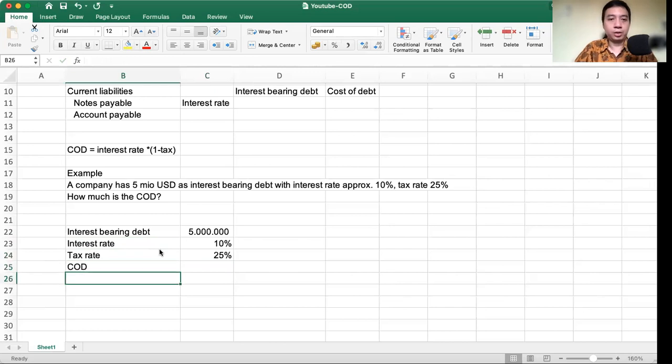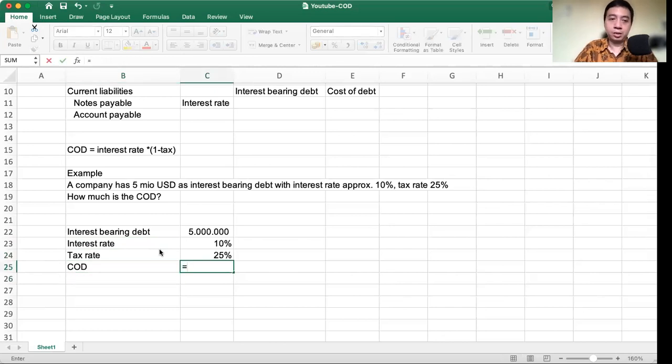So we can calculate the COD. The COD is actually interest rate multiplied by 1 minus tax rate. Okay, got you. So this is the COD, the cost of debt.